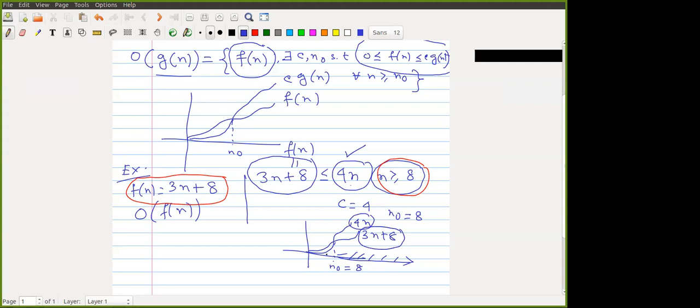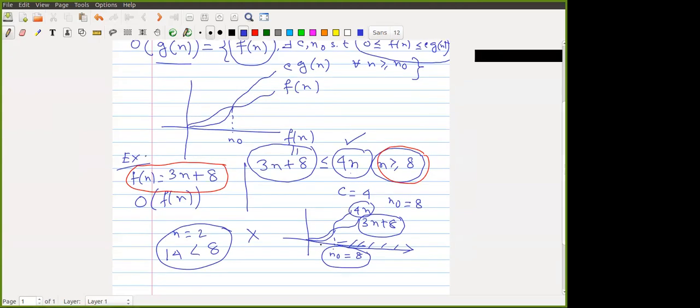But before that, say n equal to 2, it's 6 plus 8, which is 14, and 14 is not less than 8. This is not true. So anything can happen before the n naught value.